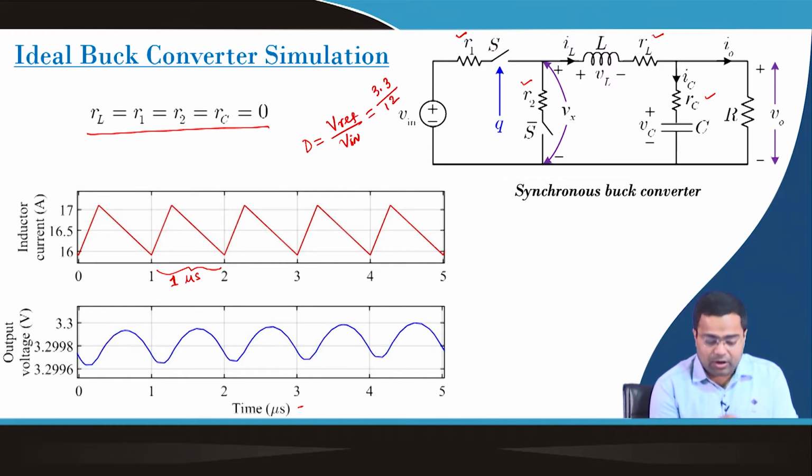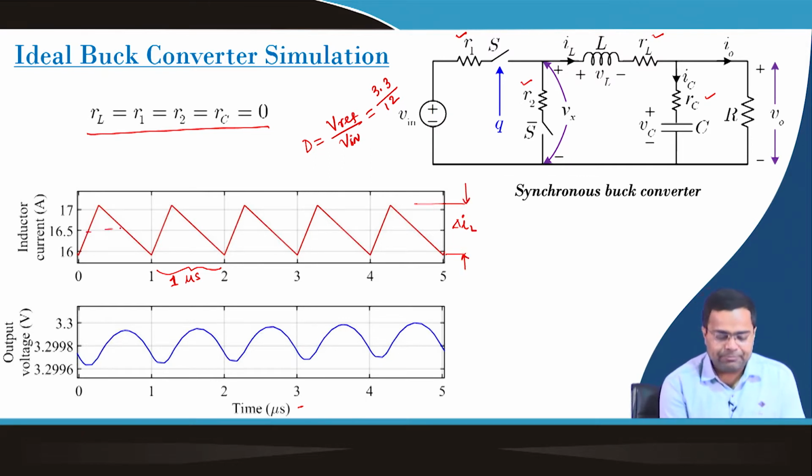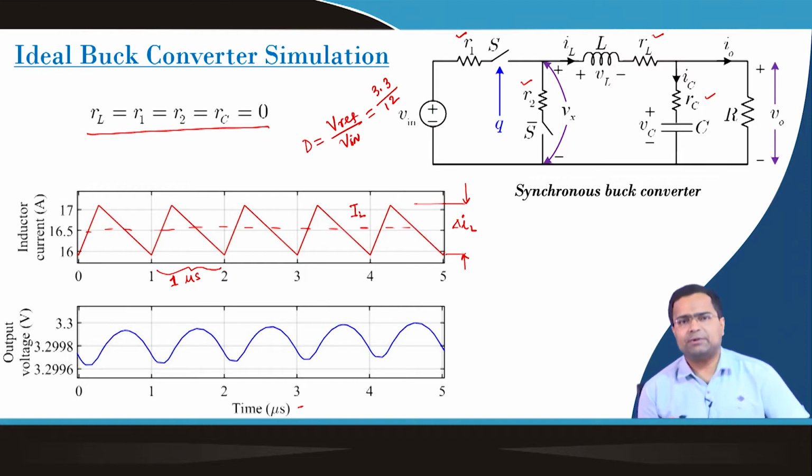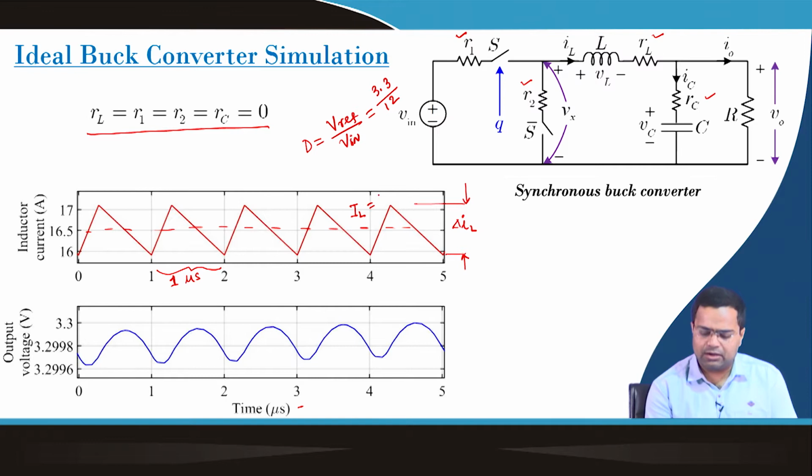Now, what you can see here is my inductor ripple current, this particular quantity, and if we take the average here, this is my average inductor current, and for this synchronous buck converter it is nothing but the load current.